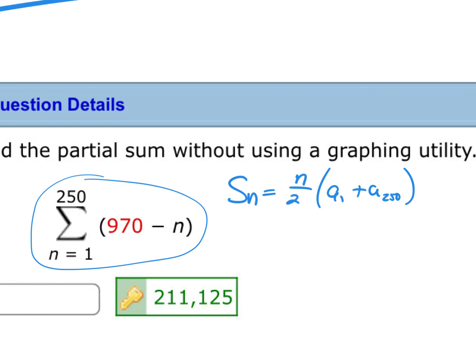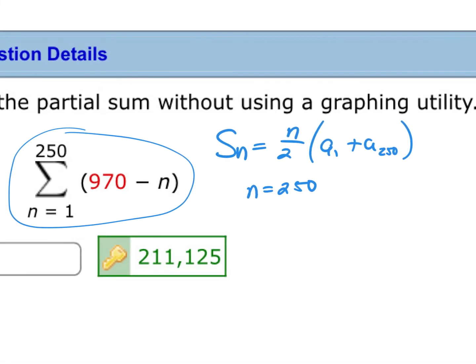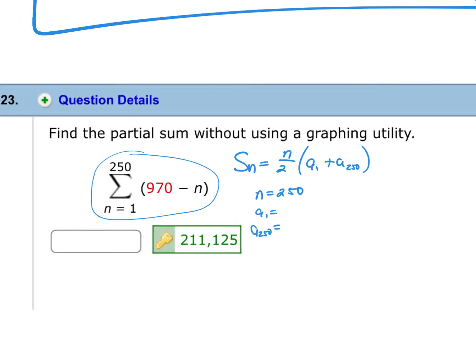How many numbers total do they want me to use? 250. That's my upper limit. What is the first term and what is the 250th term? How could I figure out what the first term in this sequence is? Plug in 1. To find the first term, I'm going to plug in 1. What's 970 minus 1?